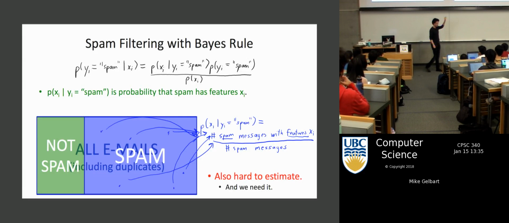So you would need to estimate 2 to the d different probabilities, because there are 2 to the d possible x vectors, and that's the real issue here, which is where we're going to bring in the naive part of naive Bayes to address that issue.